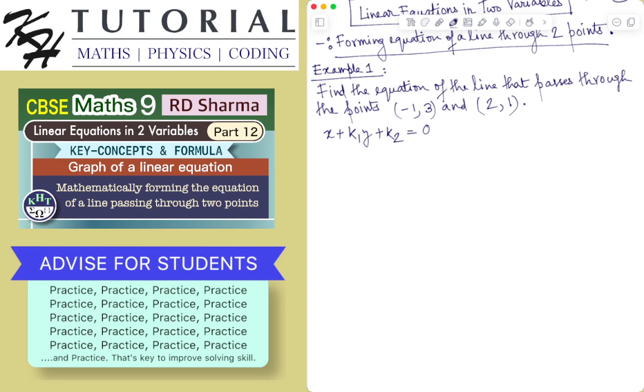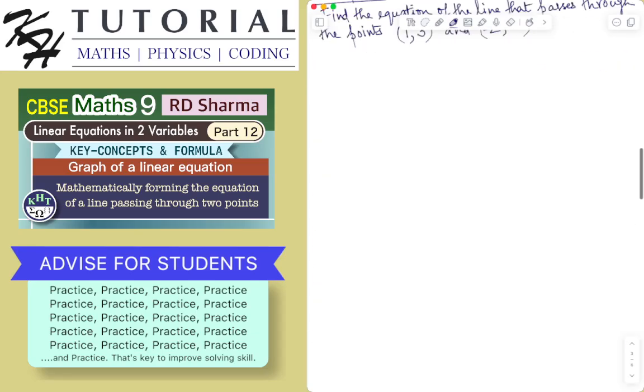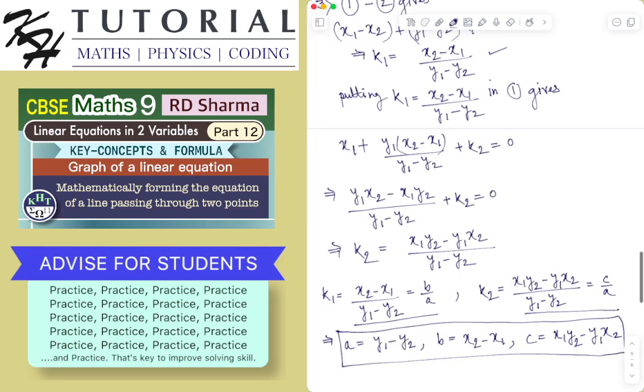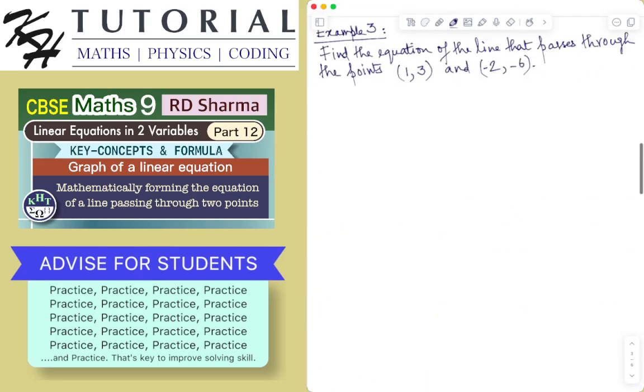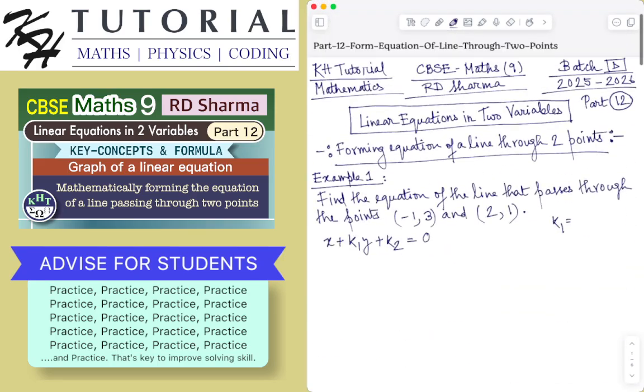We have to find k1 and k2 by satisfying -1, 3 and 2, 1 in this equation. Also remember that k1 is b by a and k2 is c by a.